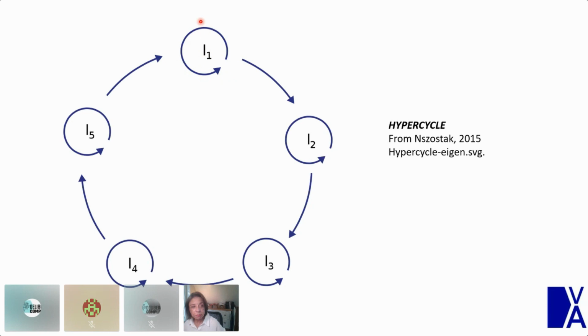So one of these might be the metabolic system. One of these might be the inflammatory system. One of these might be the digestive system.